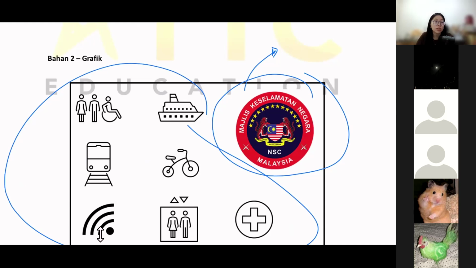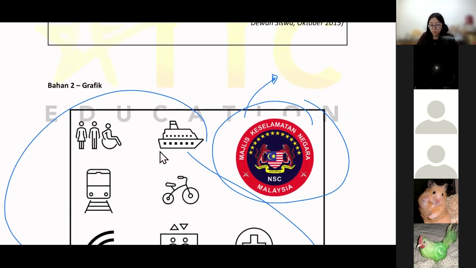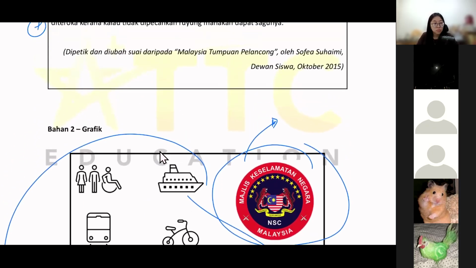What is the answer, faster? Memberi keutamaan kepada wanita, orang cacat dan lain-lain.